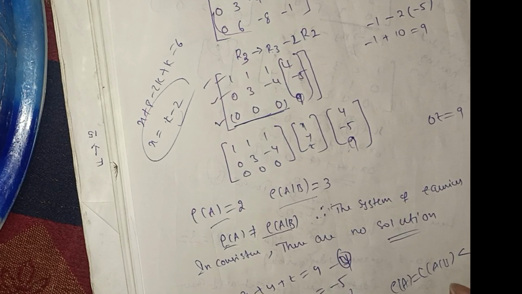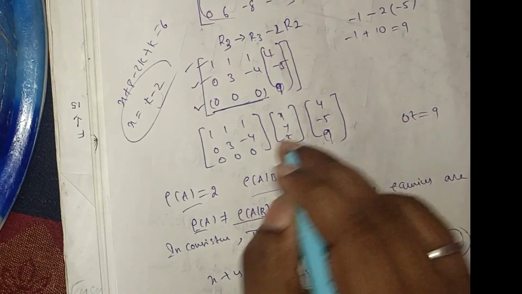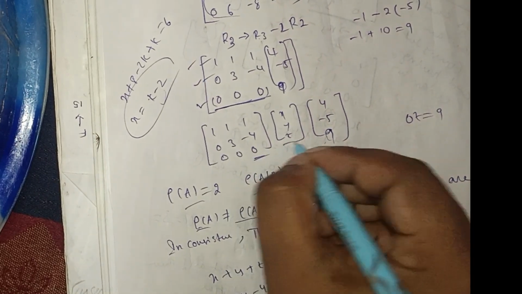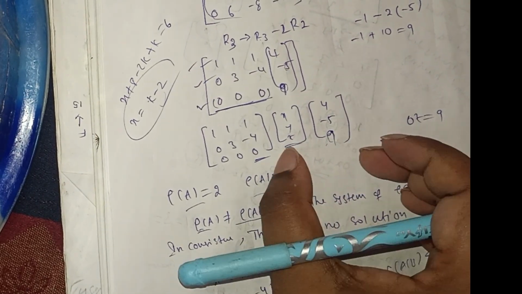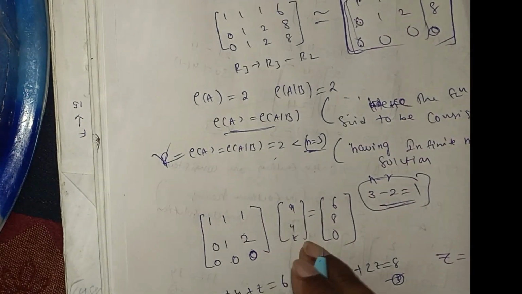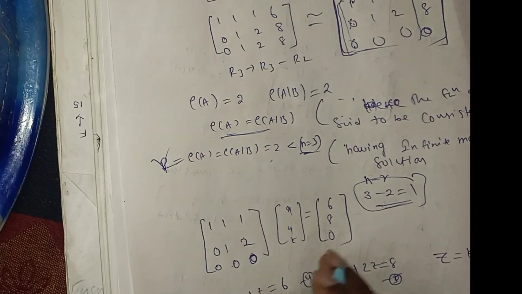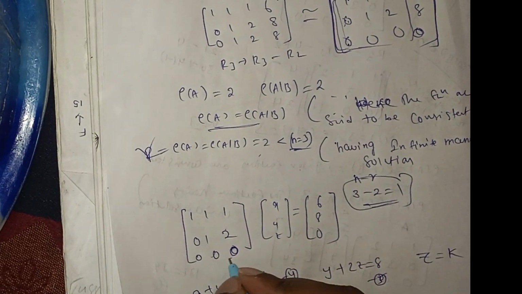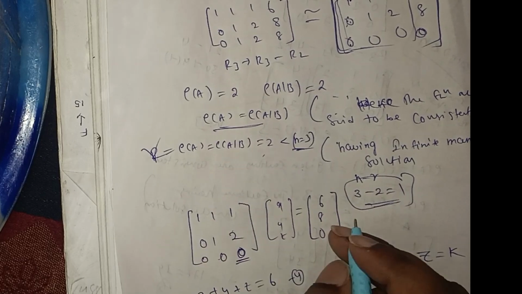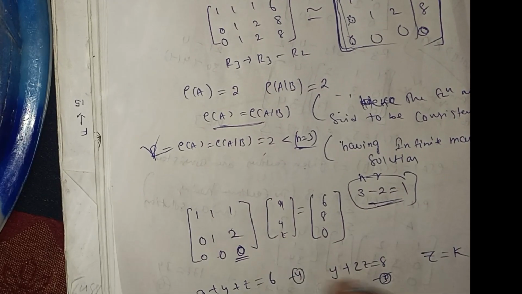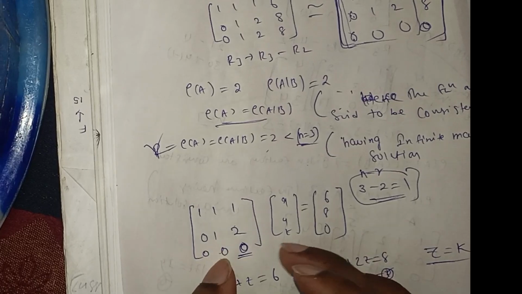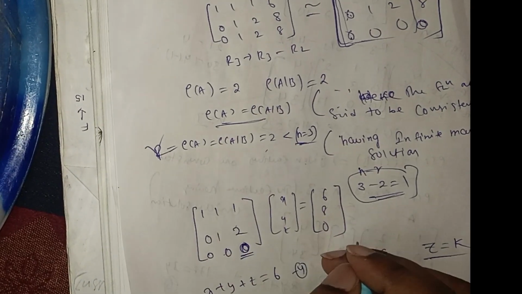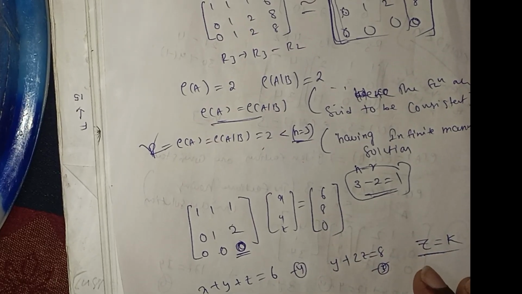Z equal to k means z has some value, but because we are multiplying with 0, the entire result becomes 0. We are assuming like that, so we consider z equal to k.